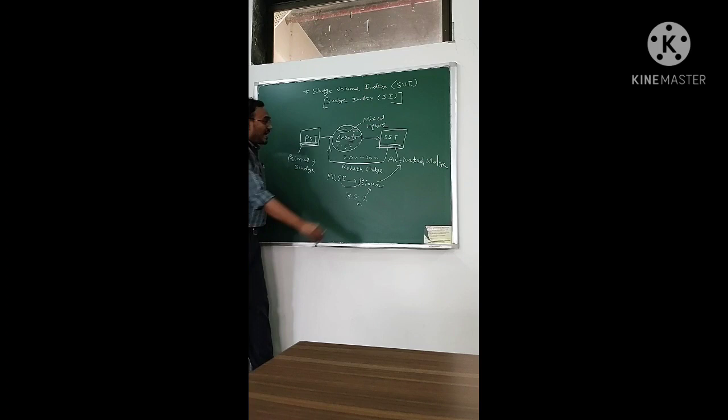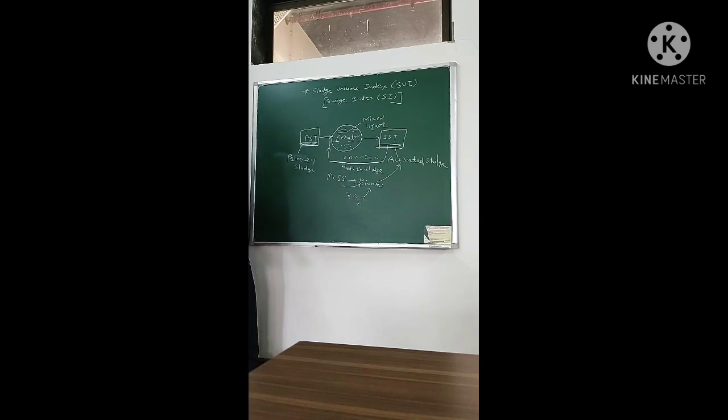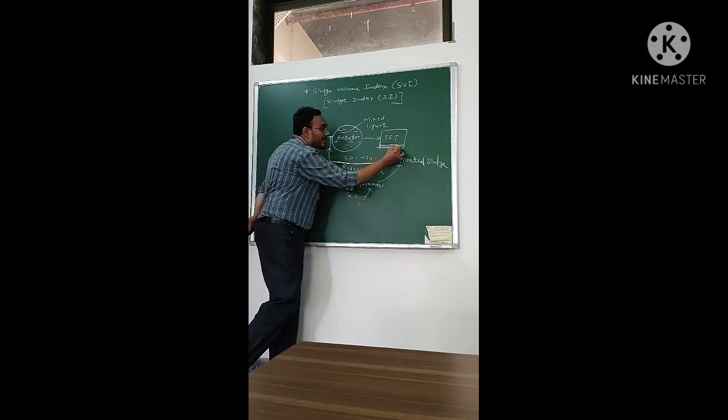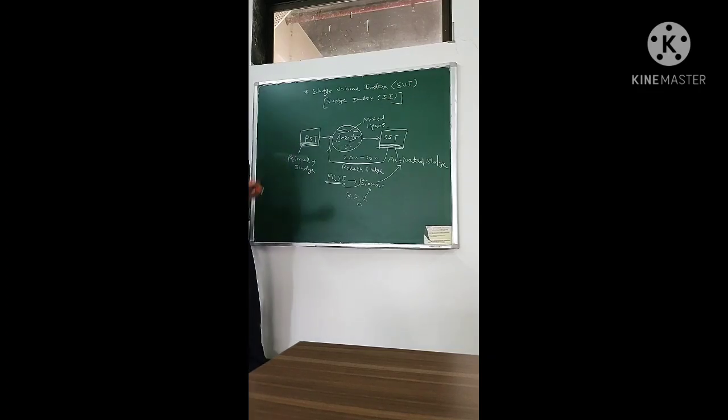We have mixed this activated sludge in the mixed liquor and got its concentration. In SVI we measure the quality of sludge: the sludge volume index tells how much sludge will settle down in the secondary settling tank, and that is what we are going to calculate.